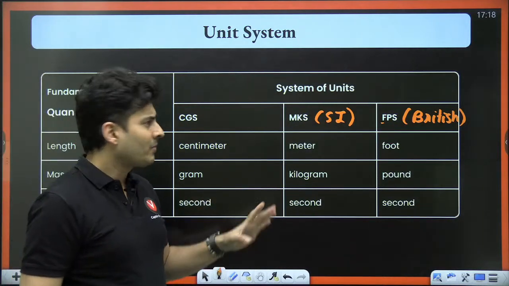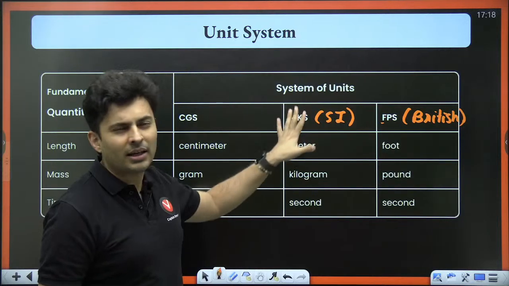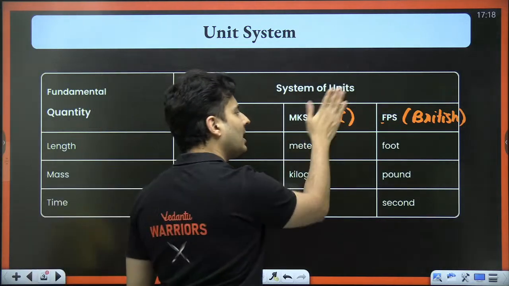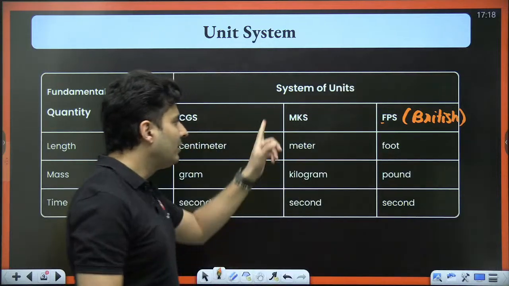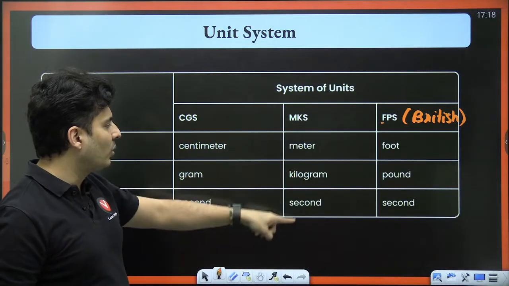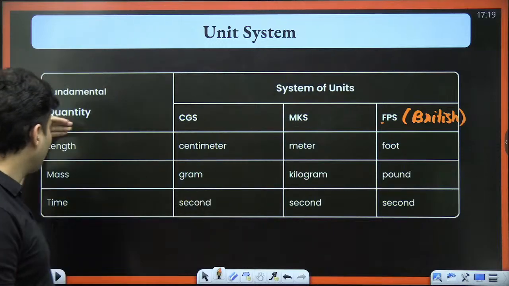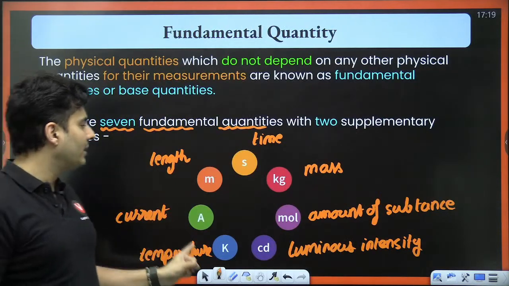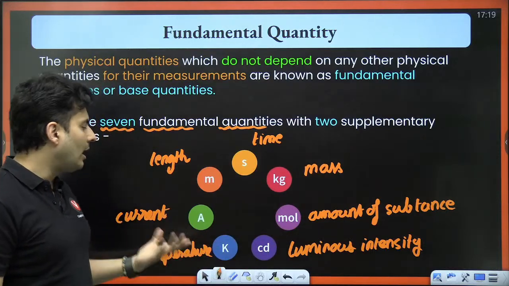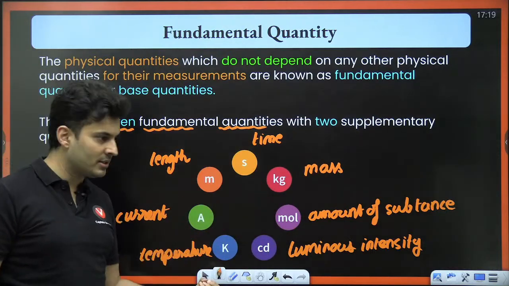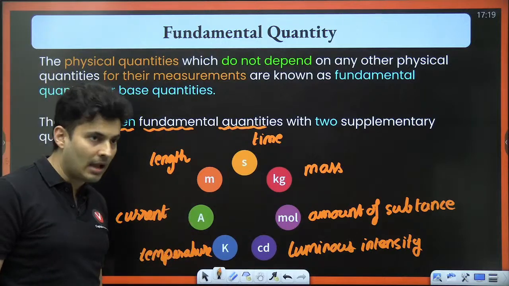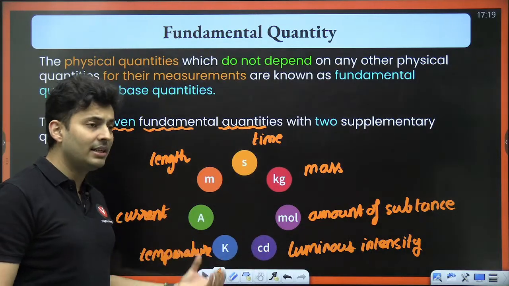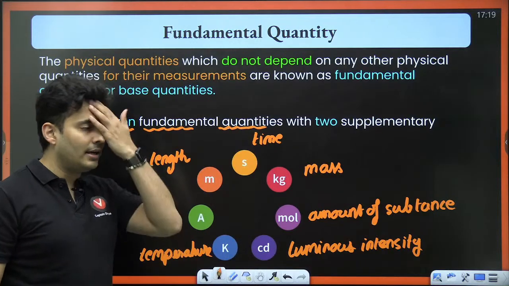But keep in mind, actually MKS is not exactly equal to the SI system. In the original MKS system, there were only 3 physical quantities. Later on they added the remaining quantities like amount of a substance, which is in moles, current, which is measured in amperes, temperature, which is measured in Kelvin, and luminous intensity of light, which is measured in candela.